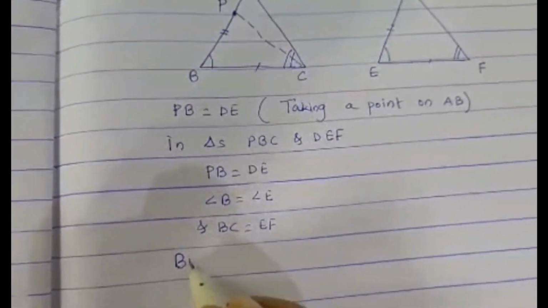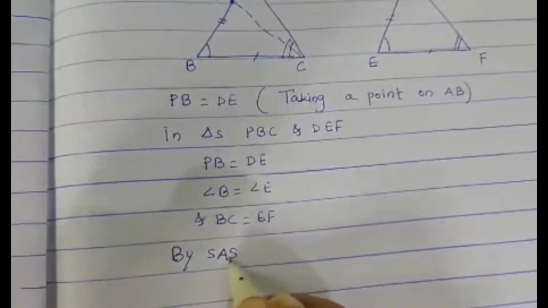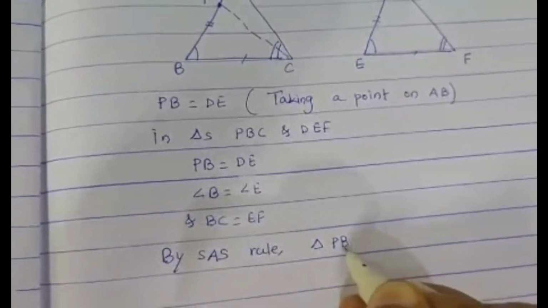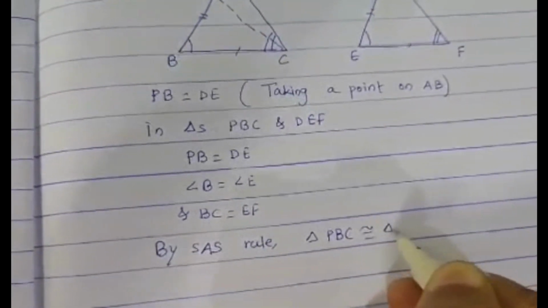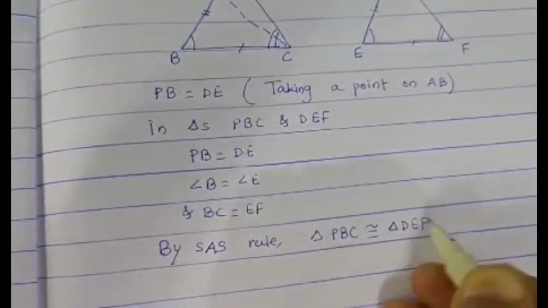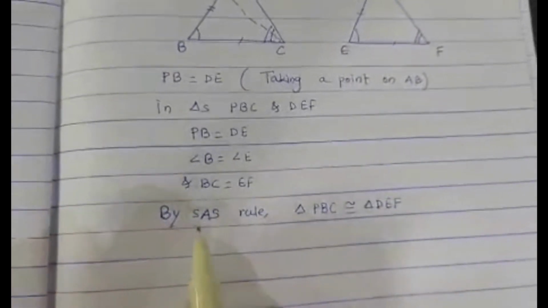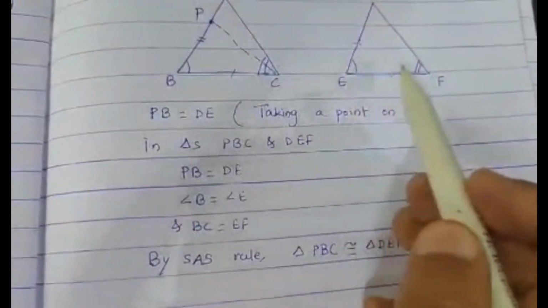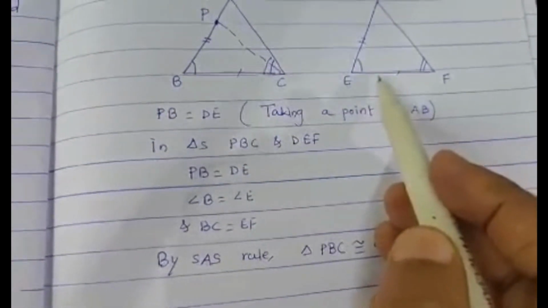So by SAS rule, we can say that triangle PBC is congruent to triangle DEF. Up to this it is clear.